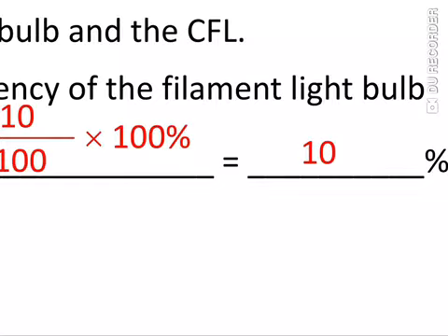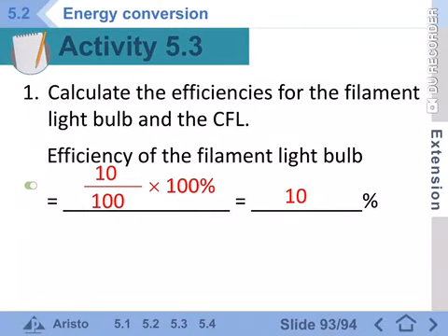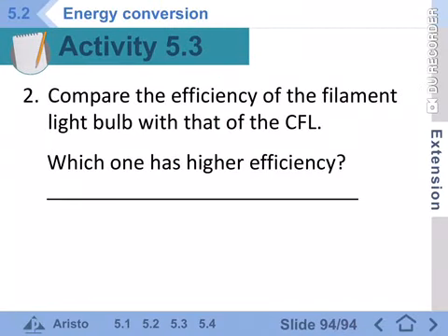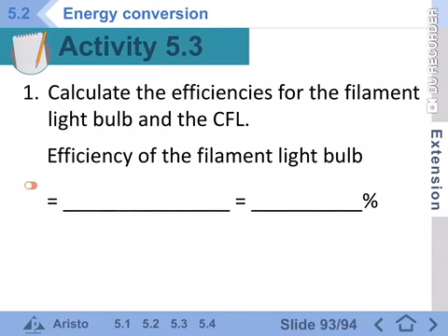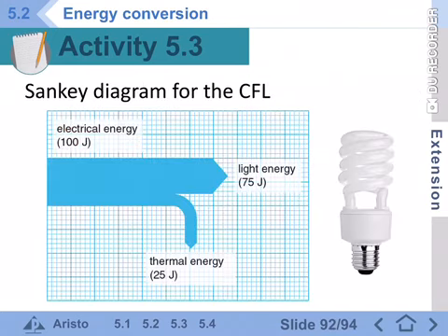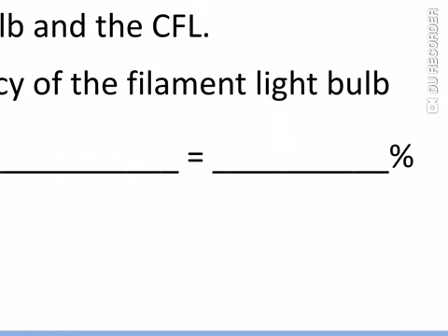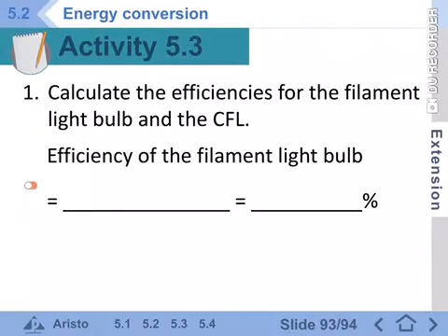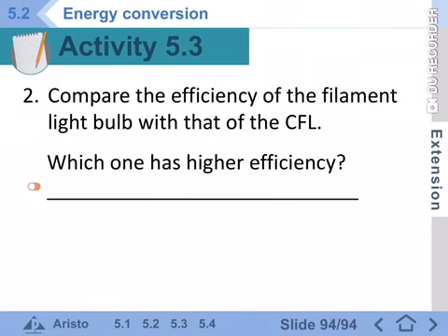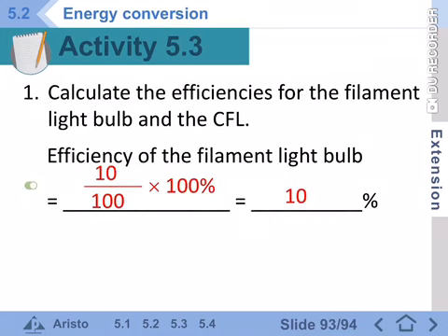Compare that to... I have to try this again. There's a second part to it. For some reason it's not showing it. And the second part is actually the other one, the efficiency of the CFL.